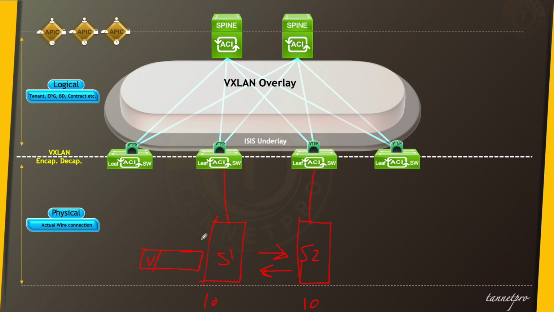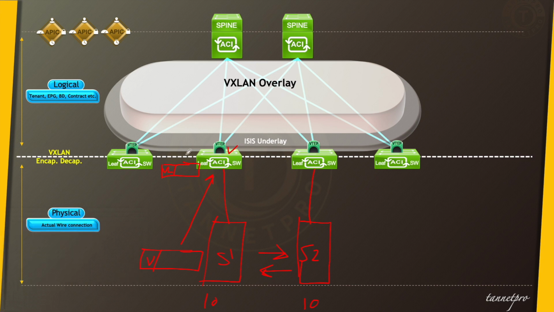This server 1 wants to communicate with this server 2. Once this packet is sent to the leaf switch, and here is the VTEP, the VTEP will convert, or encapsulate or decapsulate, the VLAN to VXLAN. So here the VLAN tagging would be there.